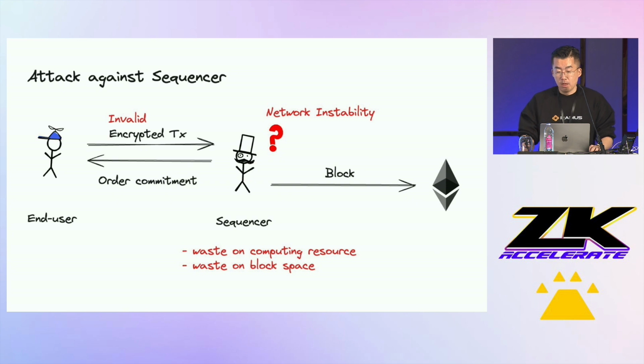So the sequencer is going to waste their own computing resources to solve this time lock puzzle, and also waste block space because they are invalid transactions, like rubbish. This waste would lead to instability in the network. So it's a really big problem. We could solve this problem with ZK.